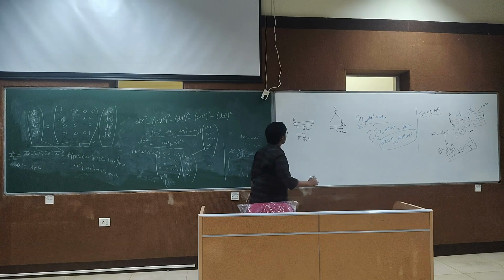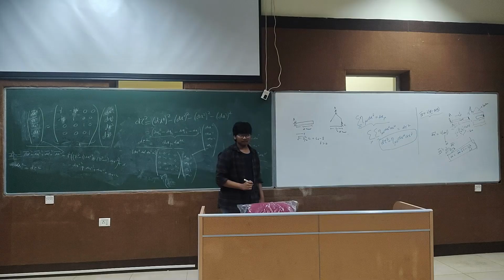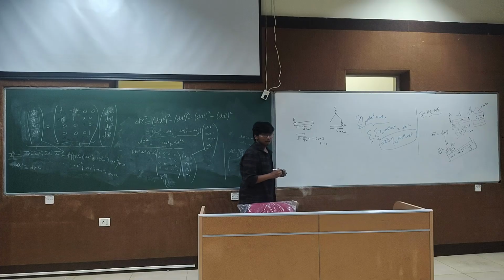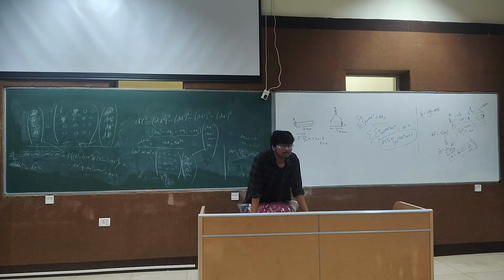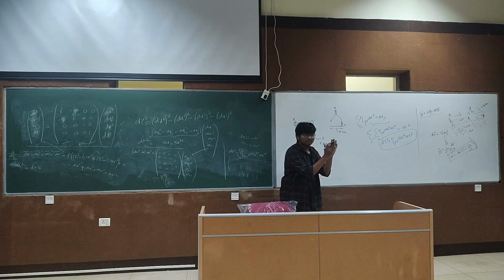This equals L naught minus delta, which is greater than 0. Assume that it is like this. So delta is something which is granted for you. L naught is the length of the barn, and the rod should be shorter than the barn.